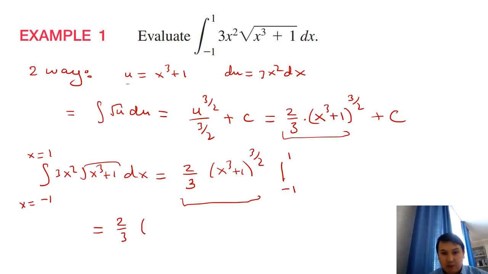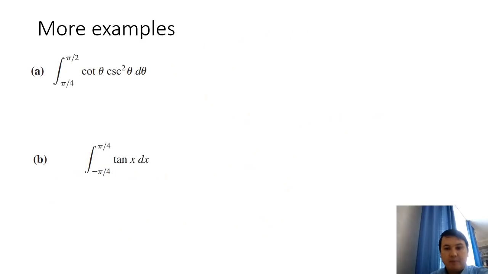Here you'll get 1 plus 1, to the 3 over 2, and you replace x equal to -1, you get 0, right? So here it's 0. So as before, I think at the end you'll get 2 over 3 times square root of 2. All right, so let's do a couple more examples.